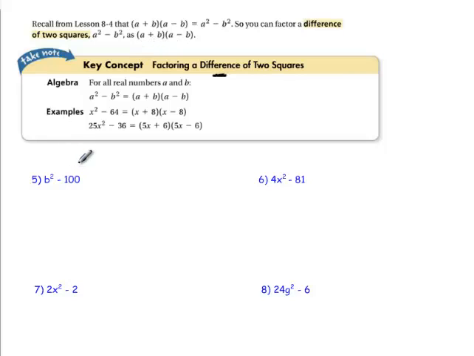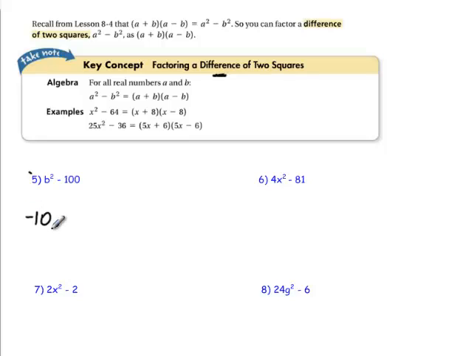Alright, and again, if you want to think about factoring this in terms of what we've already done, then you would say, well, I don't have a middle term here, right? There's no b term. There's no term in the middle, okay, like we had with trinomials. Alright, so that means it's 0. So what are the factors of negative 100 that add together to give me 0? Well, if it's negative, they got to be opposite.